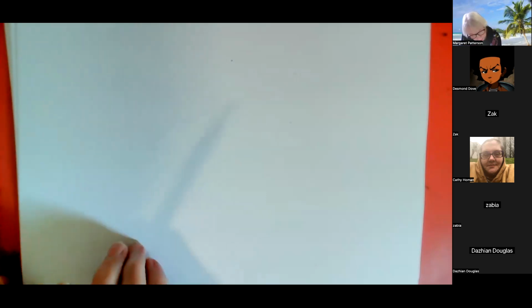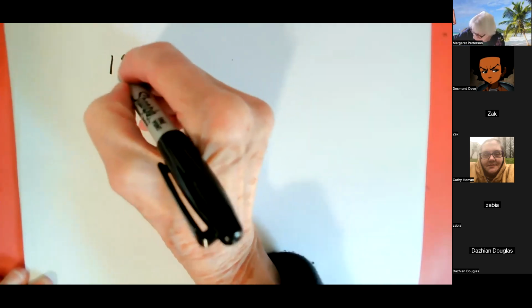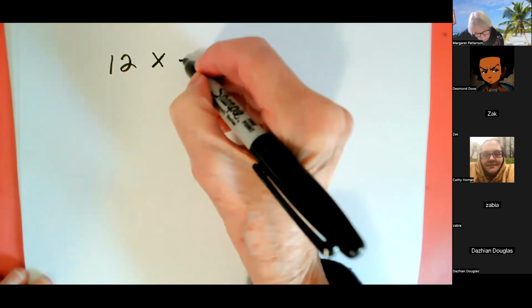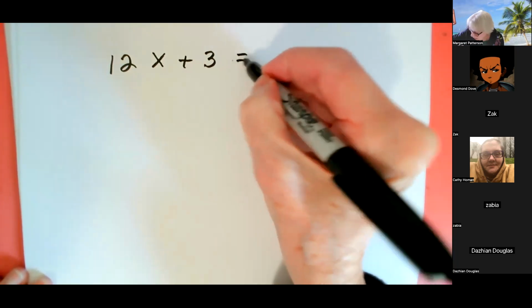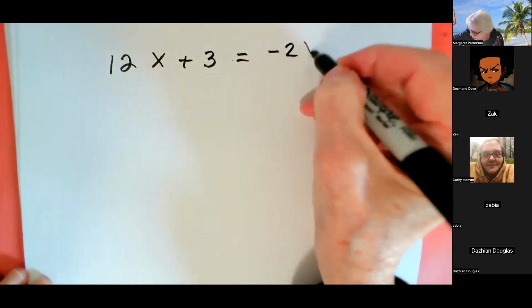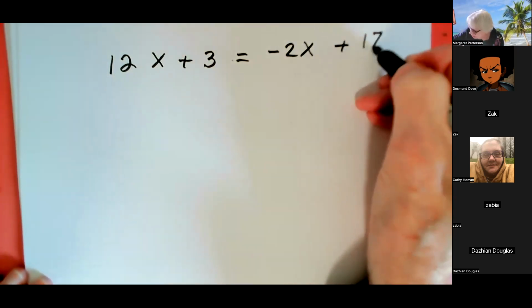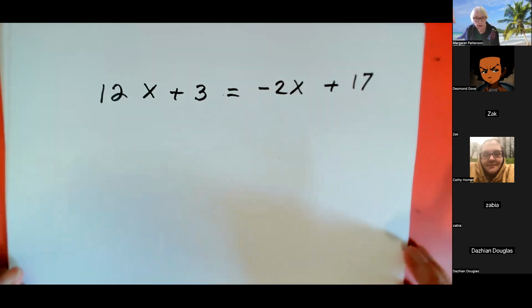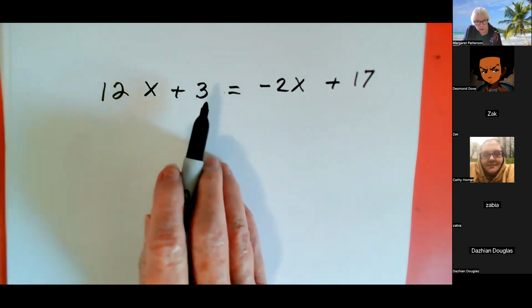Let me find another one similar. This is 12x plus 3 equals -2x plus 17. Both sides are simplified.